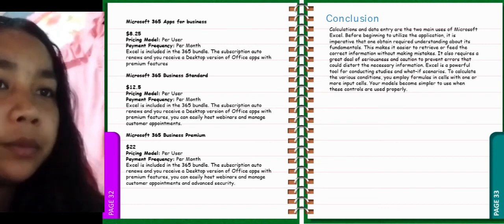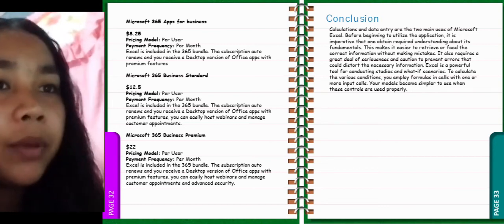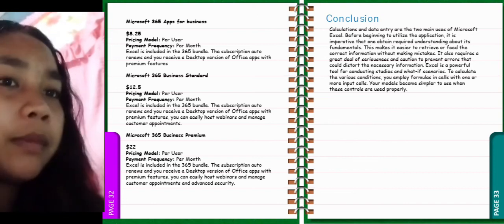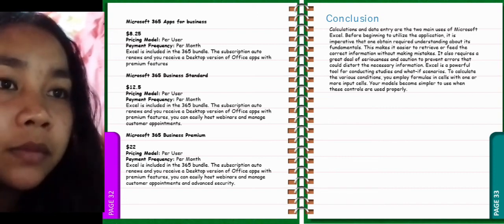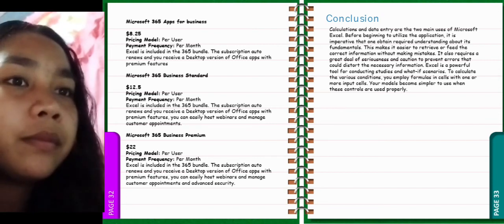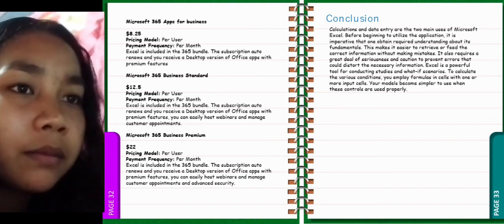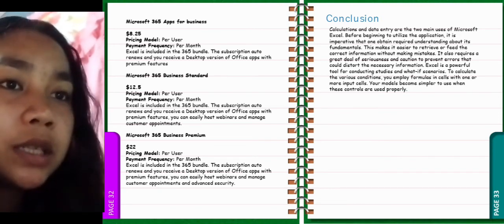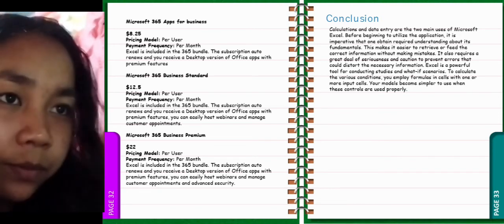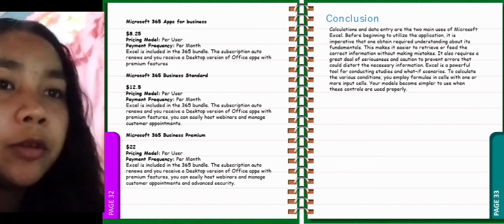Pricing model per user. Payment frequency per month. Excel is included in the 365 bundle. The subscription auto-renews and you will receive the desktop version of the Office app with premium features.